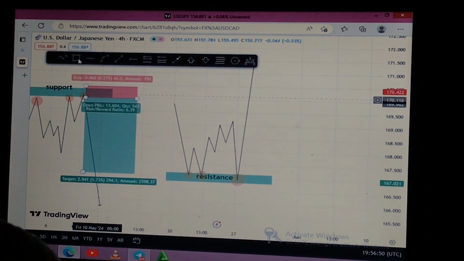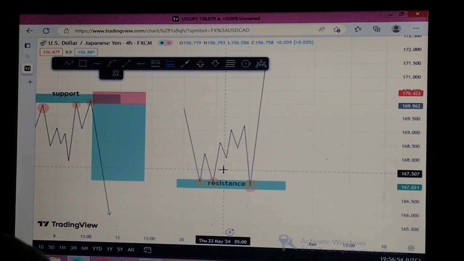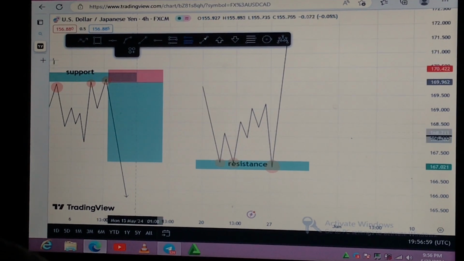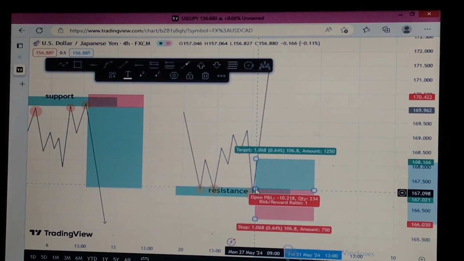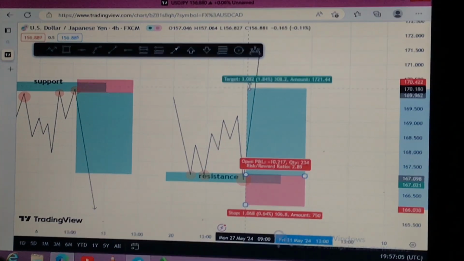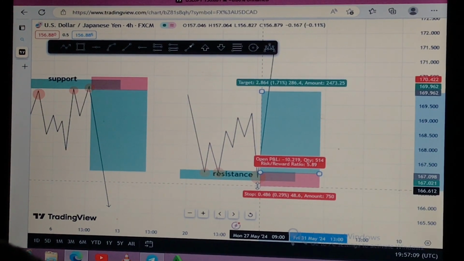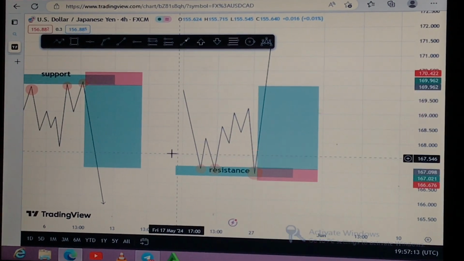Same thing happened, just like our previous support. The market came back, and this is where you take your opportunity to enter and put your stop loss below your resistance level. As simple as that, my friend.